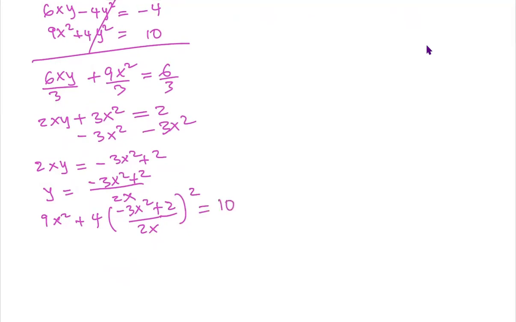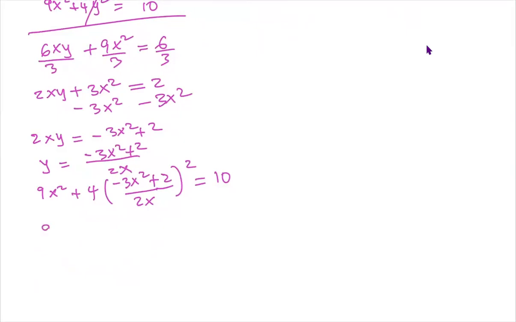And now when you expand this, that's going to be 9x squared plus 4 times, or that's plus, 9x to the 4th minus 12x squared plus 4 over x squared.